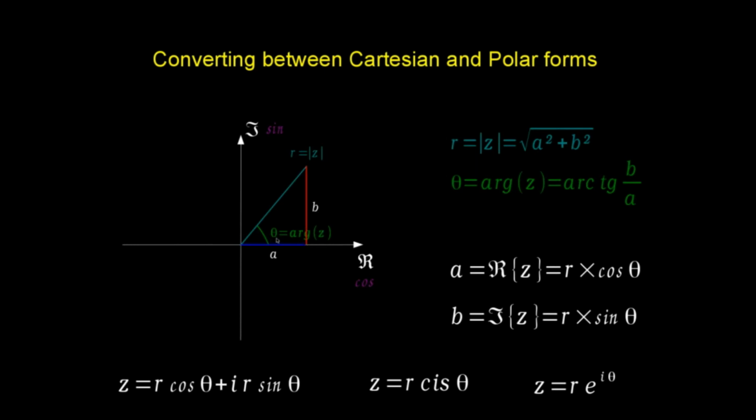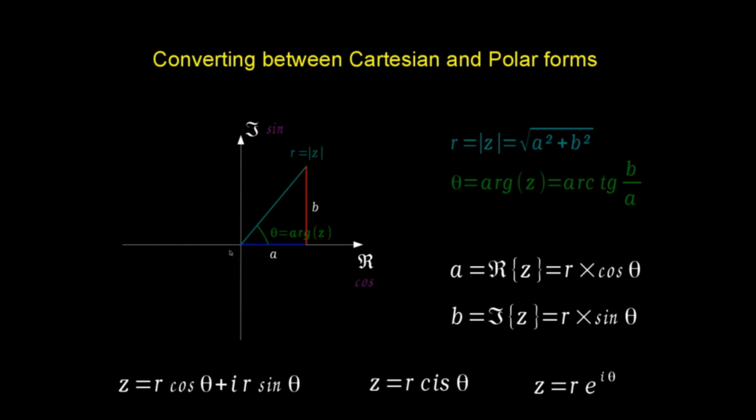Remembering Pythagoras' theorem, the modulus of our complex number can be seen as the hypotenuse, while a and b will be the sides of our right triangle.